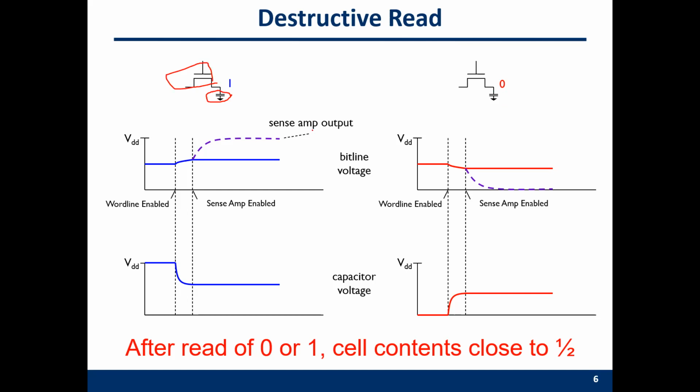Let's start from the case of 1, which means that you have some charges. Then the cell has the VDD voltage because it's full of charges. The voltage of the cell is VDD.